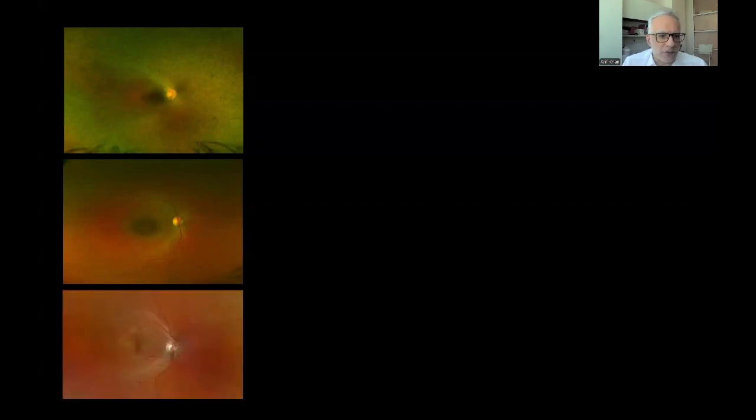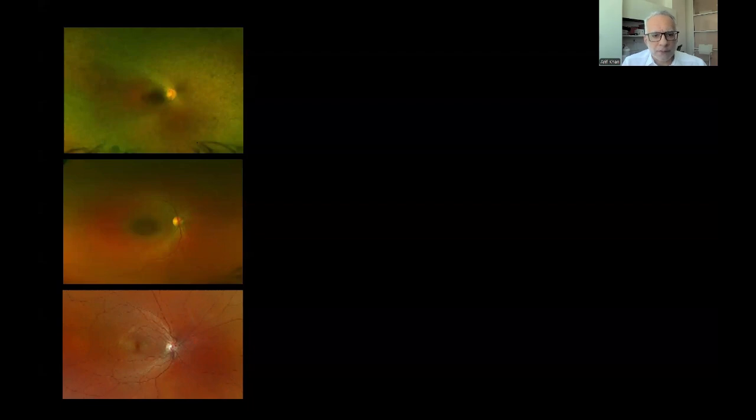And here's a patient where the retina actually looks pretty normal, but actually this patient has a disease. This patient has congenital stationary night blindness, and the symptoms lead you to that diagnosis. He has no night vision. Just because the retina looks normal, it doesn't mean that it's functioning normally. Electrophysiology is very useful in inherited retinal disease, but it's more useful when we're not sure what's going on.